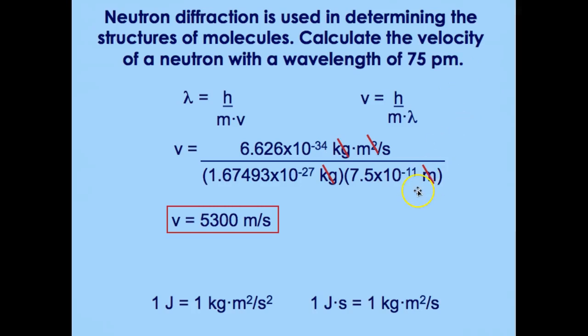So converting that gives me 7.5 times 10 to the negative 11th meters. I'm going to divide 6.626 times 10 to the negative 34th by these two quantities. And I get that the velocity of a neutron with that particular wavelength is 5,300 meters per second. I did 2 sig figs for this one because the wavelength was 2 sig figs.